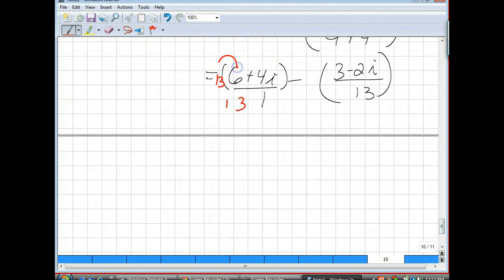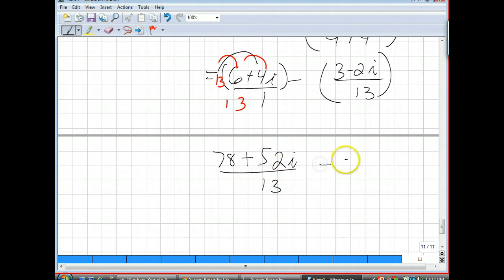So if I distribute this 13 through, I get 78 plus 52i, whoops, I got my 4 there. 78 plus, let's see, that's going to be 2, carry the 1, 52i over 13 minus 3 minus 2i over 13.